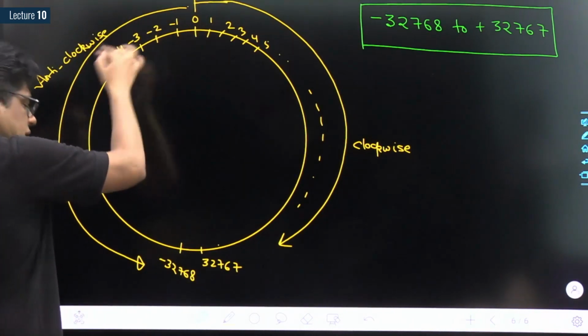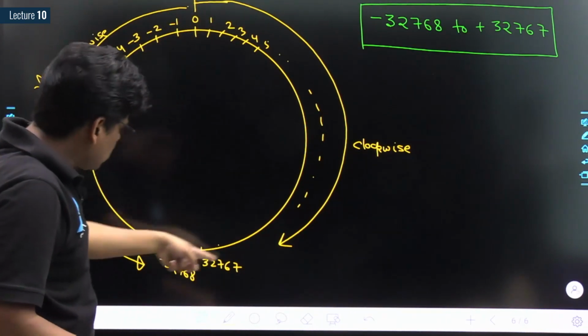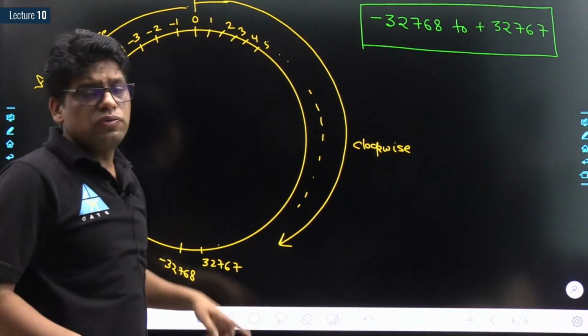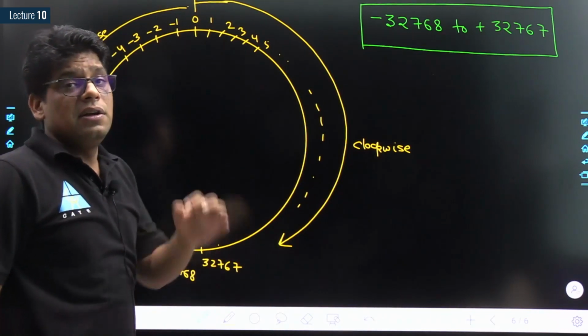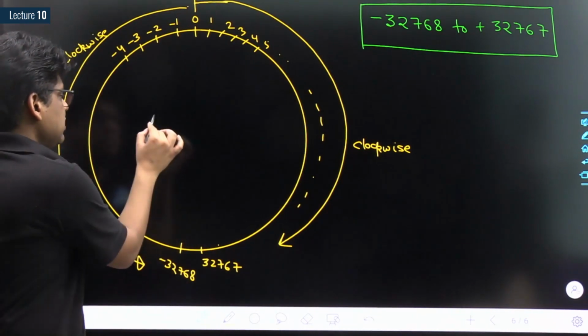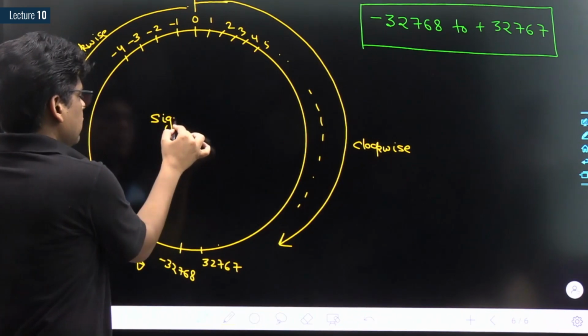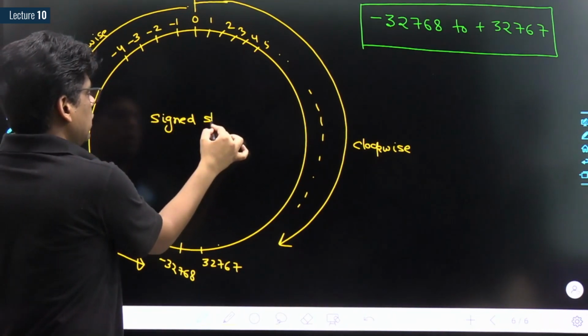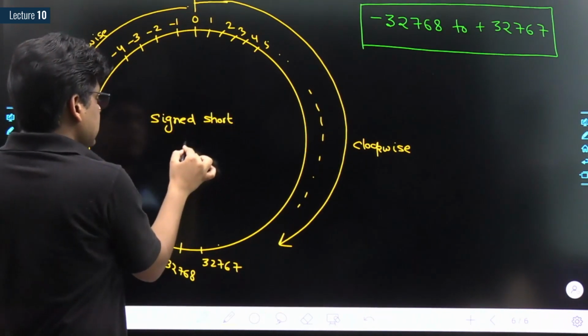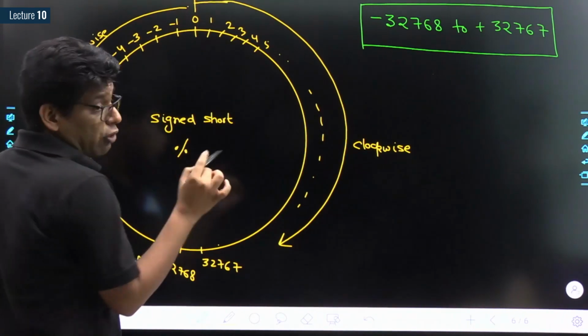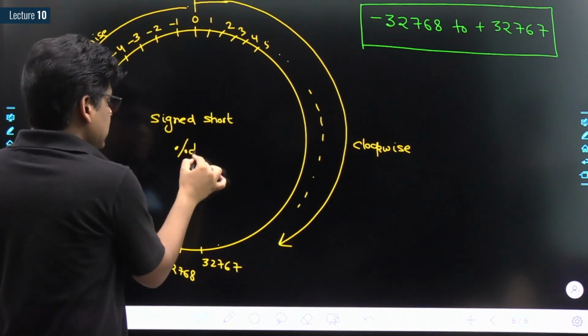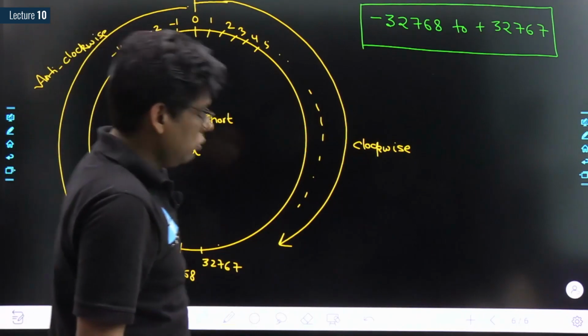These values on this circle are the only values we can store inside a signed short integer. This circle represents a signed short integer, whose format specifier is %d. Please note it down.